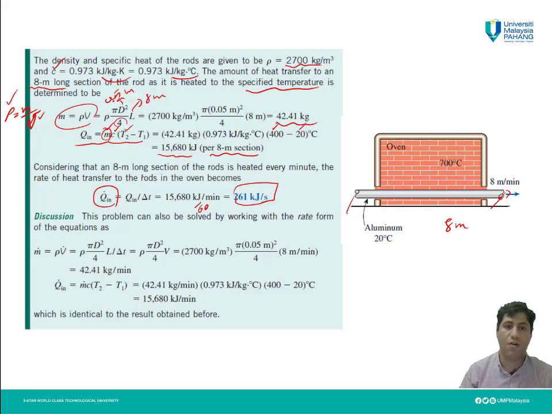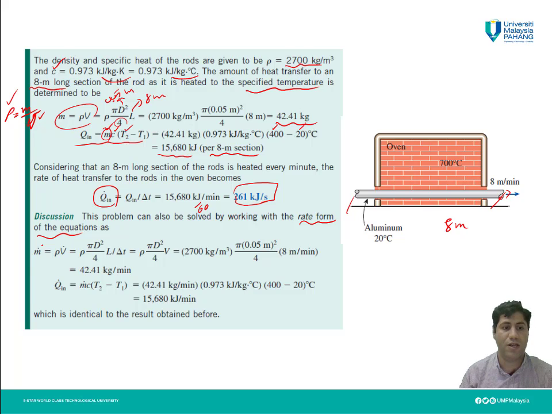You can see here how useful specific heat is as a property of the rod as a solid substance to find the required heat transfer to increase the temperature, the consumption of energy, and so on. We could find this answer if we use the rate form of the equation.